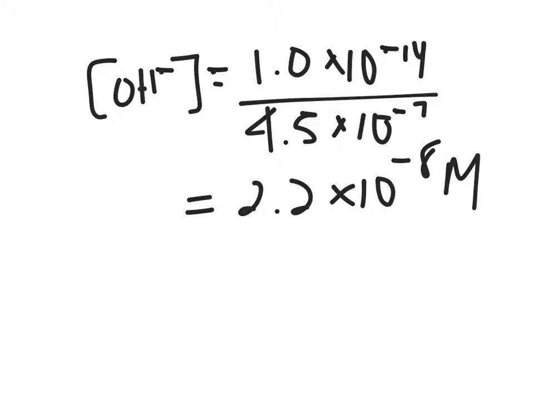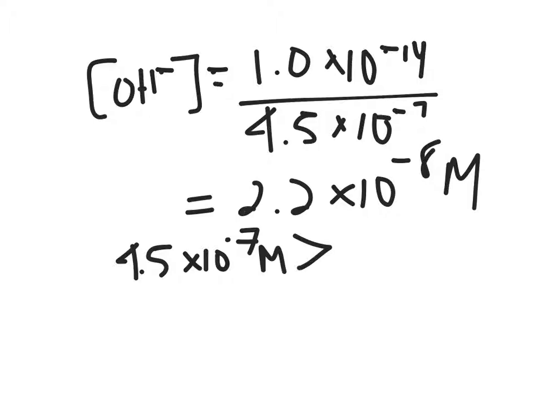So then we can compare the amount of hydronium ion with the amount of hydroxide ion. So there was 4.5 times 10 to the minus 7 molar hydronium ion, and that value is larger than 2.2 times 10 to the minus 8th molar for the hydroxide ion.